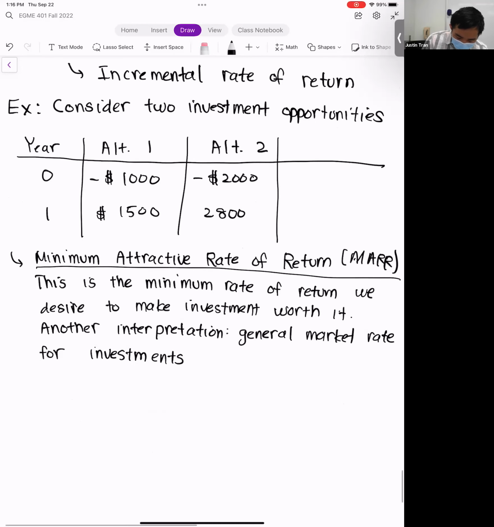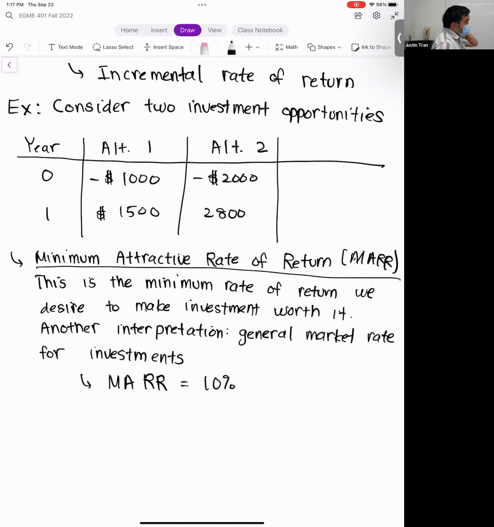For this particular problem, we're going to have a MARR of 10%. That means that any money that we don't invest in either alternative 1 or alternative 2, we're going to get a 10% rate of return on. So that's basically all it is.